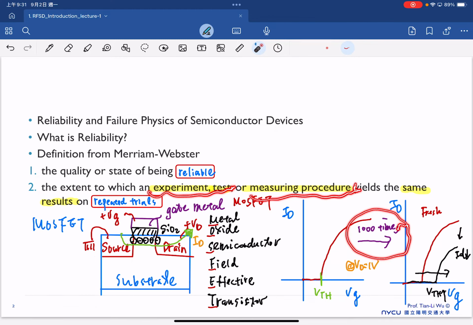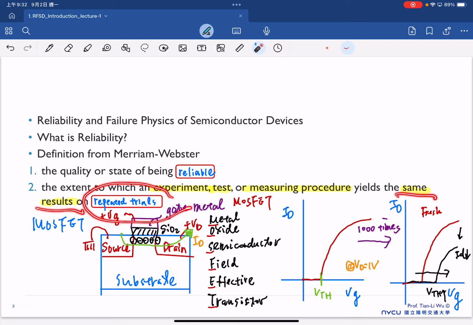If this is good reliability, that means we should come up with the same result no matter how many times you operate. But unfortunately, in most cases in our real semiconductor world, we often see this is a fresh device, and then you operate 1,000 times, you see the threshold voltage increase, you see the drain current decrease.